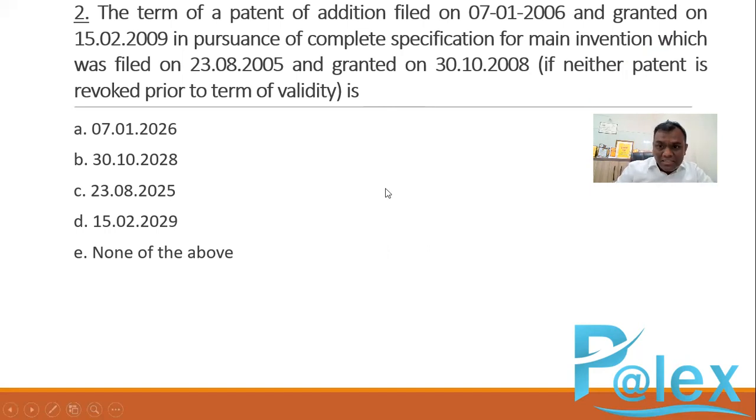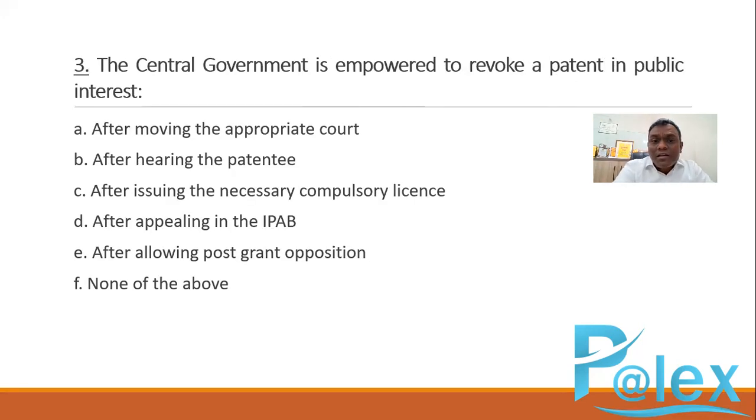In this case, the term of the patent would be counted from 23rd August 2005, because in the case of a patent of addition, the term of the patent is equal to that of the main invention, and the main invention was filed on 23rd August 2005. So 20 years from that would be 23rd August 2025.